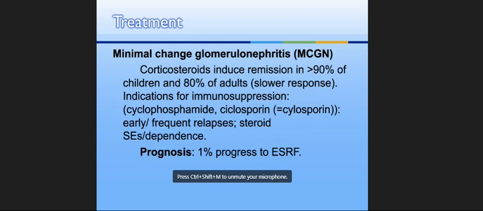Minimal change disease is a disease of children. You will see it when you do pediatrics, and it is responsive to steroids, and its prognosis is very good. Only 1% of those patients will progress to end-stage kidney disease.